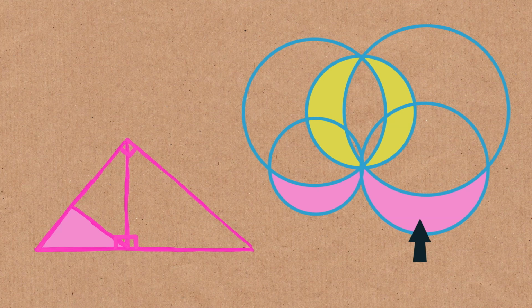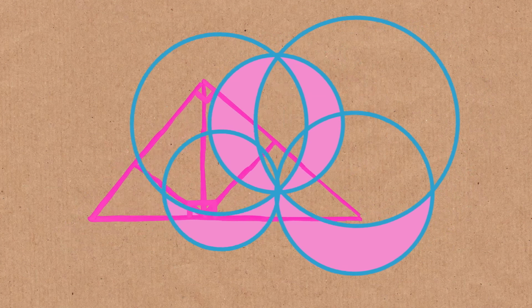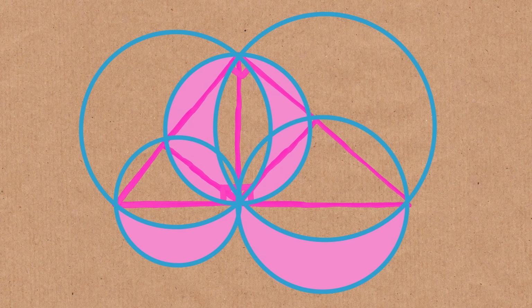The area of that equals that triangle there. The area of that equals that triangle there, and the area of that equals that triangle there. So if you take the four areas of this Q, you get exactly the area of that triangle. And it's so beautiful, isn't it?